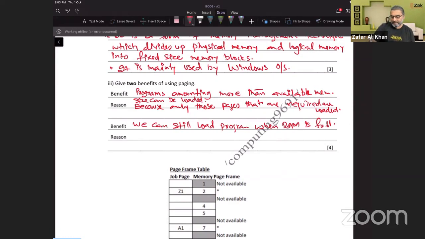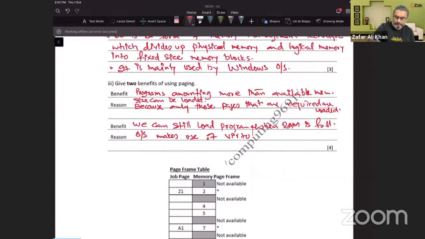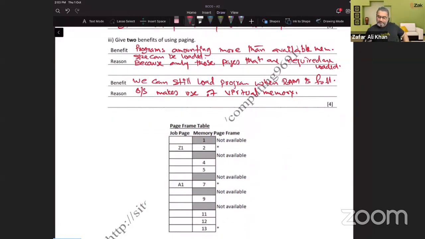Reason, the operating system makes use of virtual memory. All right. Okay, so that is how it works.